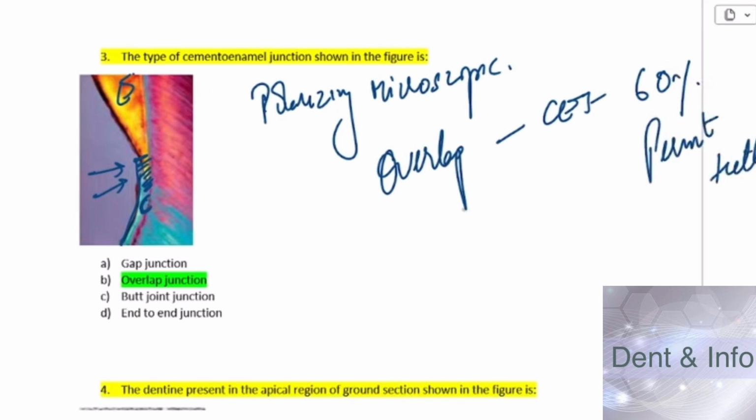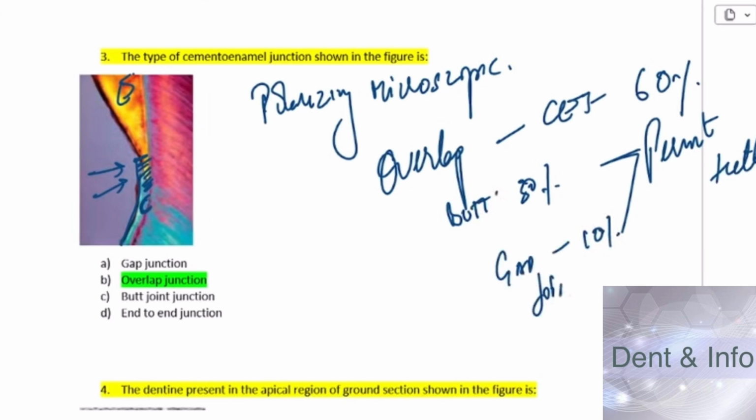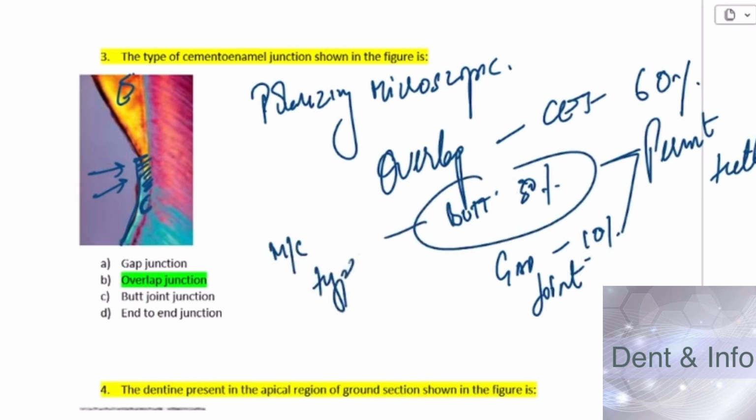Maximum is overlap. If we talk about the other two, 30% is butt joint, and 10%, the rarest of all, is gap joint, where they do not meet at all. The butt joint is the most common type in primary dentition. So read the question statement completely. Are we referring to primary or permanent?